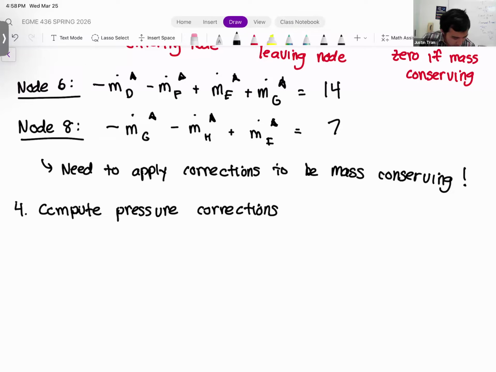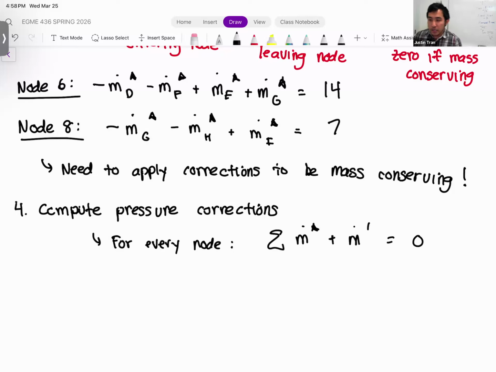All right, so the way we're going to do this is that we're basically going to say for every node, we have the following relationship. So basically, if we sum up all the mass flow rates, both the updated one and the corrected one, they should equal 0, right? So basically, we apply a correction to our mass flow rates. That's going to correct them, and then mass conservation is going to be satisfied at that point.